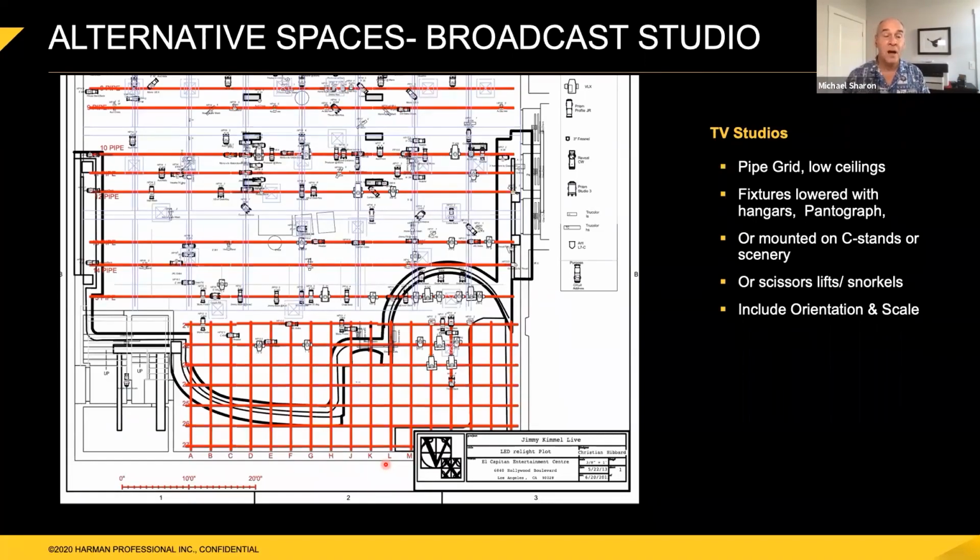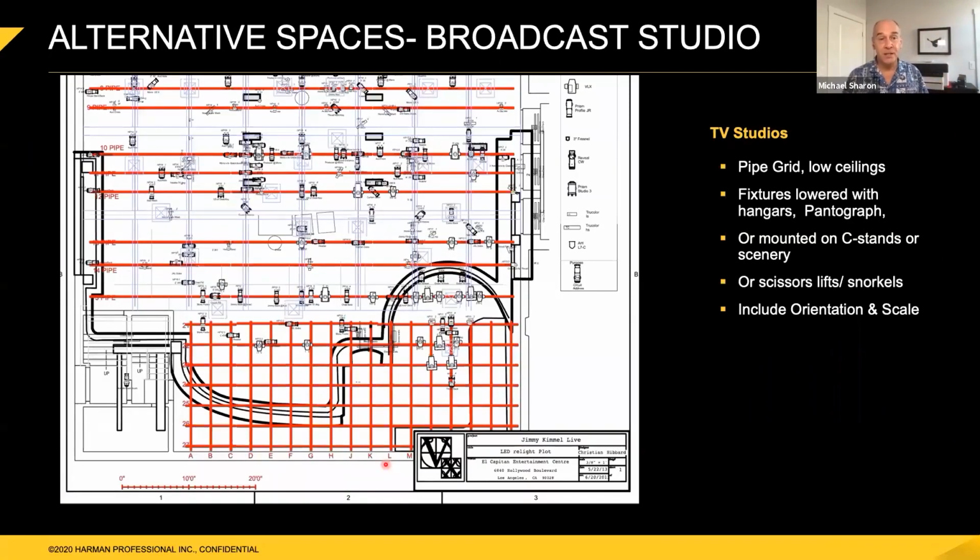With that, a lot of times you'll have a pipe grid, frequently relatively low, much lower than we typically would have in an arena or something like that. Because the angles are so critical when it comes to television work, the guys are very particular that I need this light moved 3 inches over. So you'll have a pipe grid.